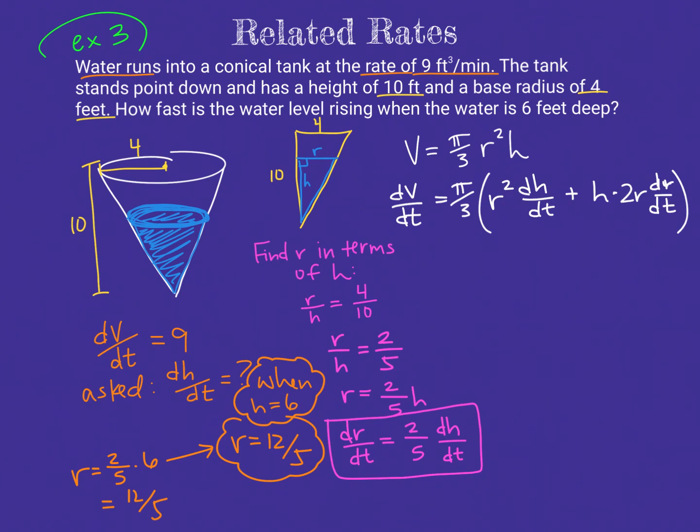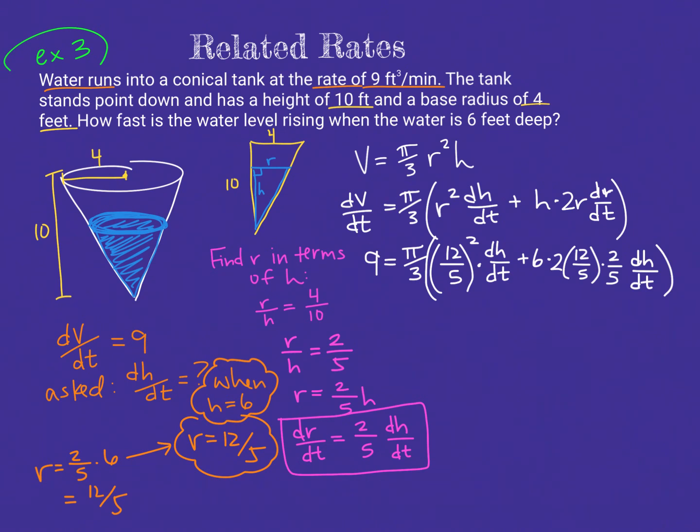In doing this, we can replace everything with what we know and substitute in. So we have every h will be 6, every r is 12/5, and dr dt would be 2/5 dh dt.